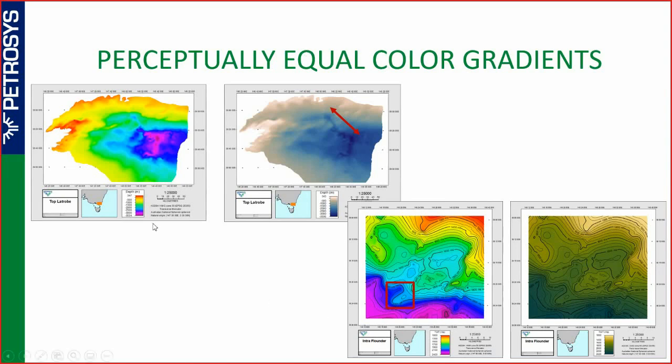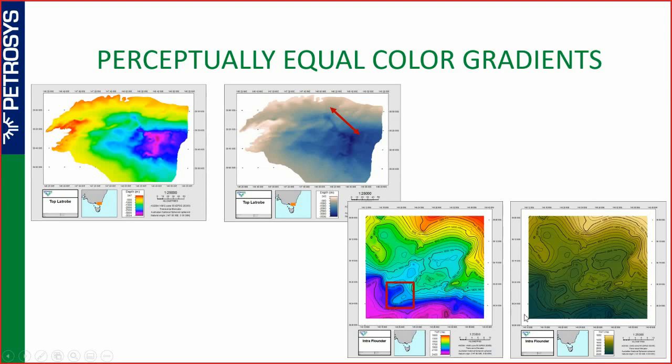So you can see some examples here showing the same data but displayed with the rainbow gradient and a perceptually equal gradient here and here. And you can just see the difference. We can see a lot more detail in terms of these channelized features around here. And then we can also compare here and see where some boundaries have been created due to sharp changes in color brightness.